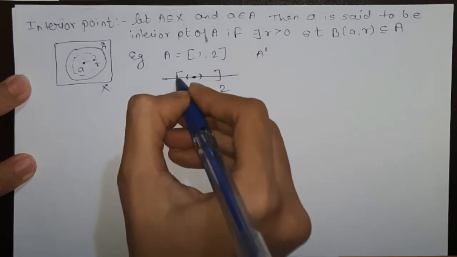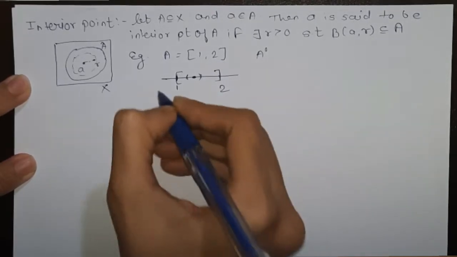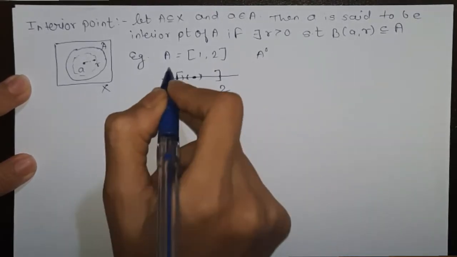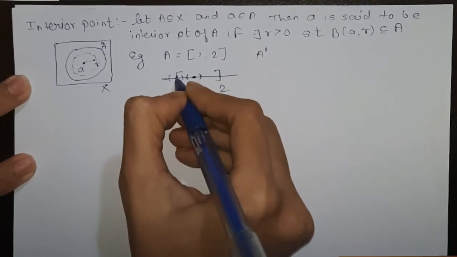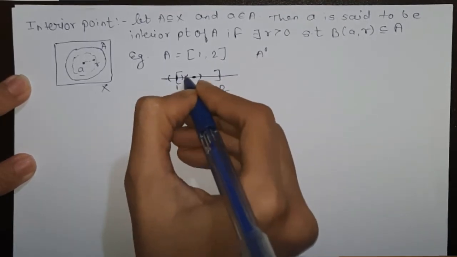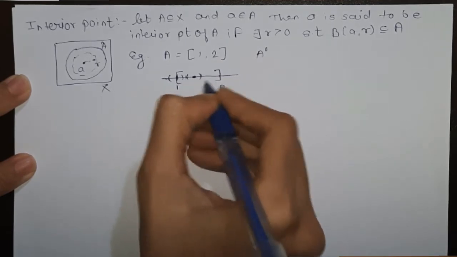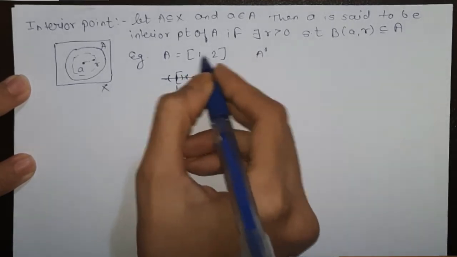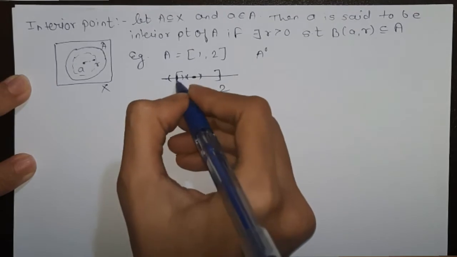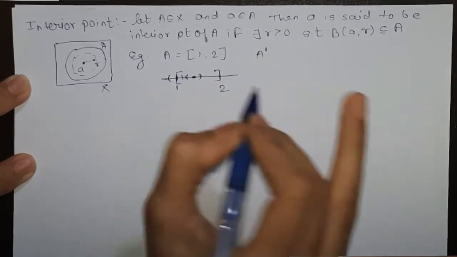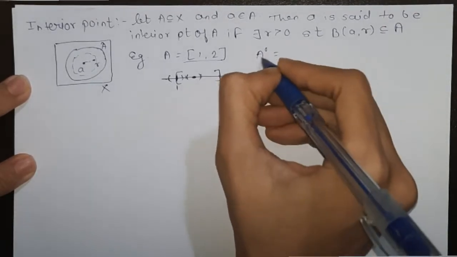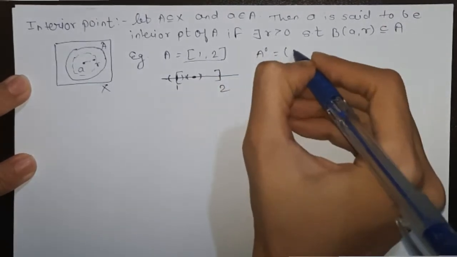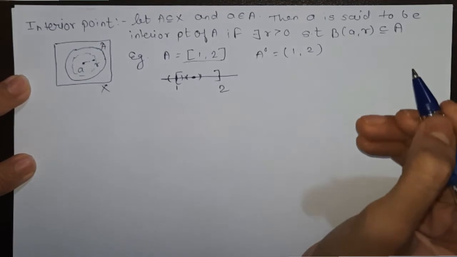But if you take 1 or 2 and take a neighborhood of it, then this neighborhood doesn't belong to the entire set. That means 1 and 2 are not interior points of this set. That's why the interior of A is equal to the open interval (1, 2).